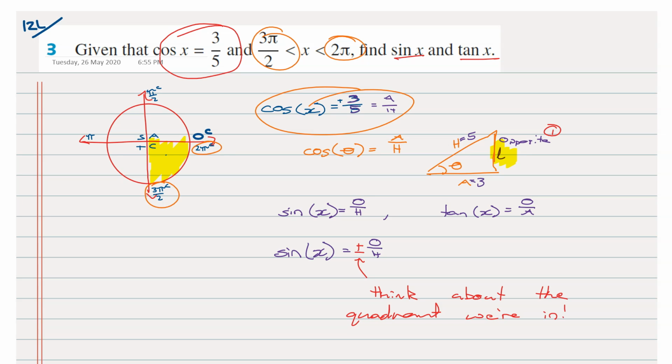Think about the quadrant we're in, and then decide whether you think this ratio should be positive or negative, and reference it to the quadrant we're working in here.